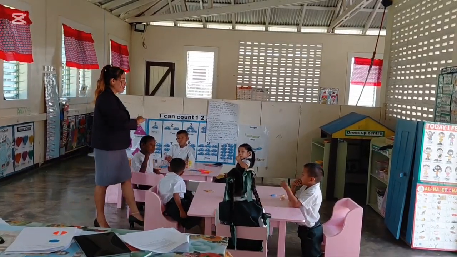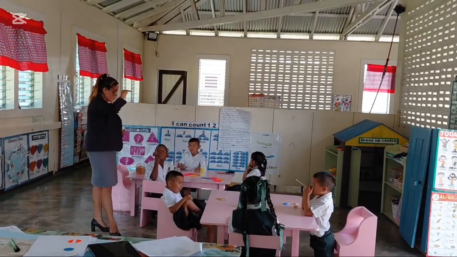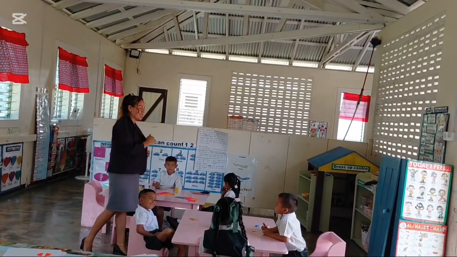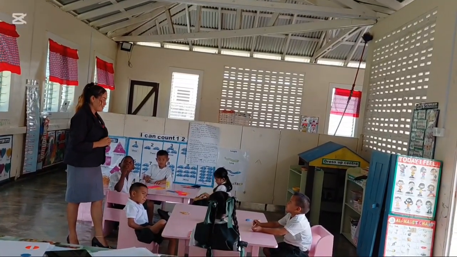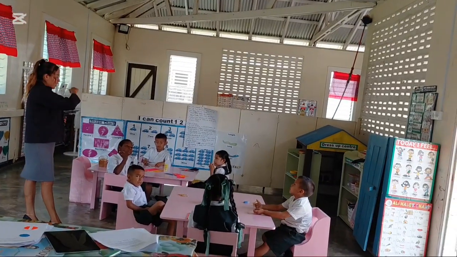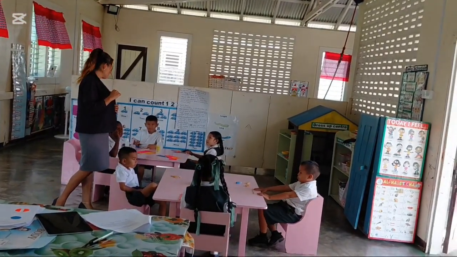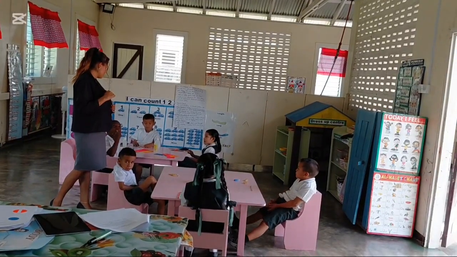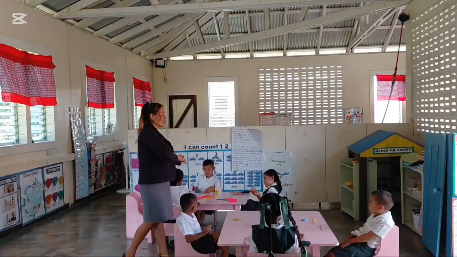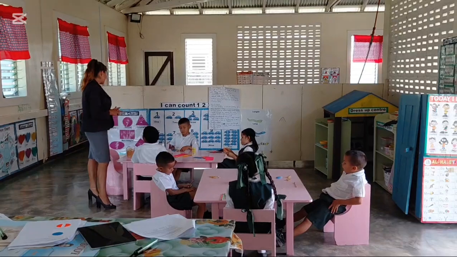So any number going on top is called a numerator. So any number that's going at the bottom is called a denominator. Right? So the line between the two numbers is called what? Fraction bar. What do you know about fractions? What do you understand about fractions?